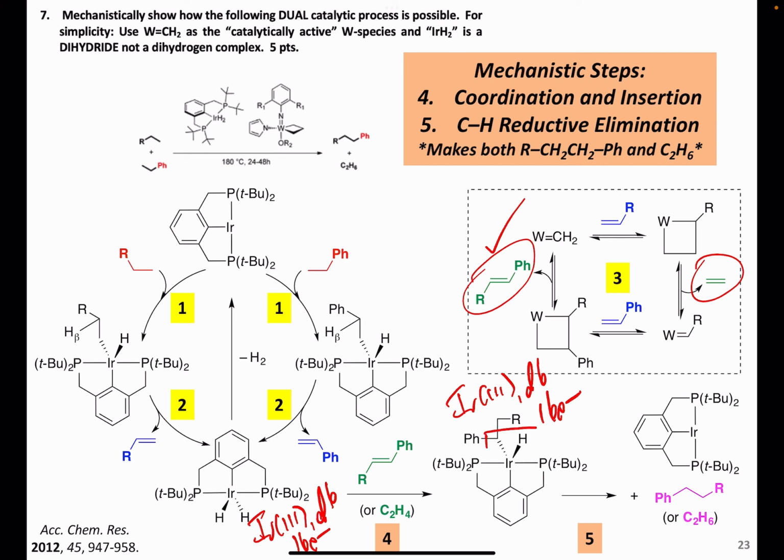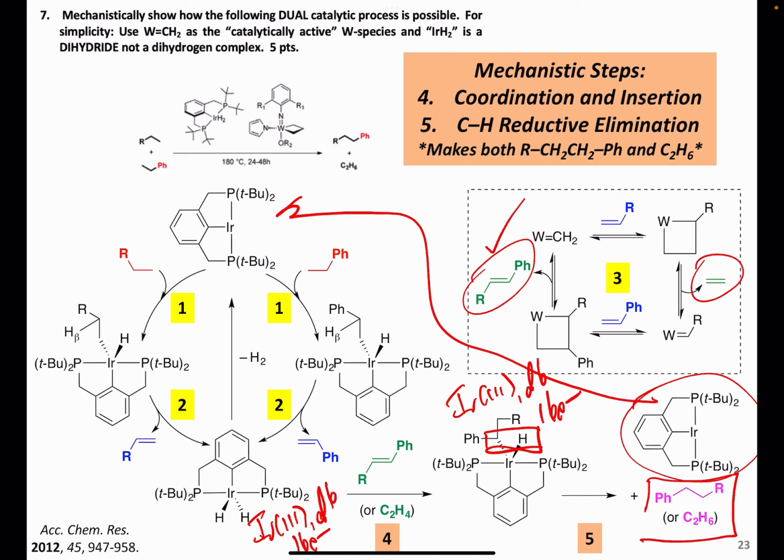You can get C-H reductive elimination, and you generate your products. When your product forms, notice that you again form this compound right here, this iridium(I), d8, 14-electron fragment, which can now re-react with alkanes. When it does, you restart your catalytic cycle, and round you go.